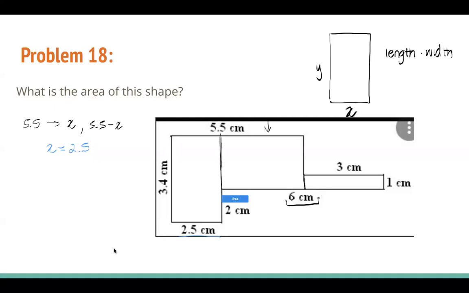So we know that this side is 3 centimeters. Now let's see if we can find this side. Does anyone know how we should find it? This side right here. Does anyone want to guess?